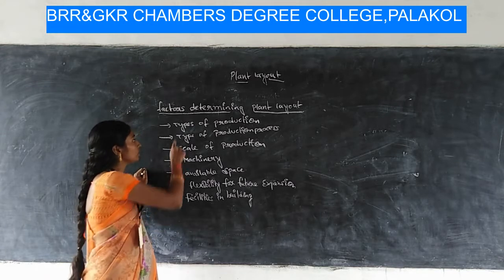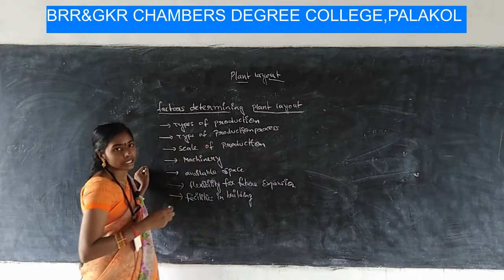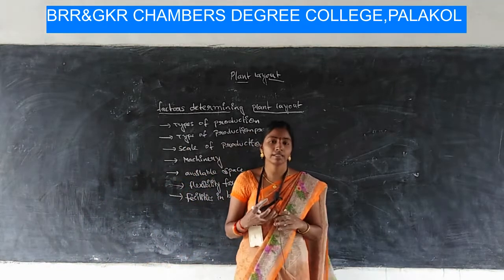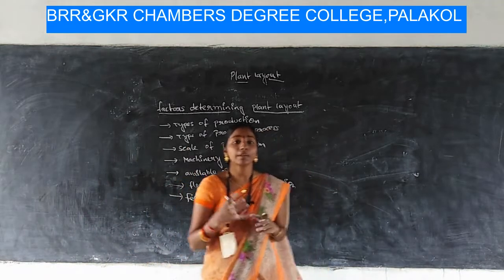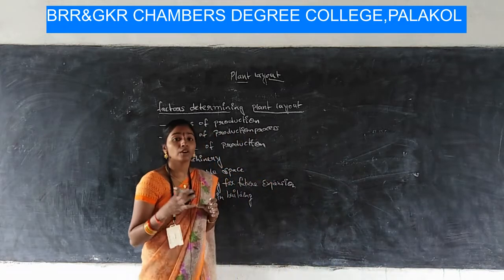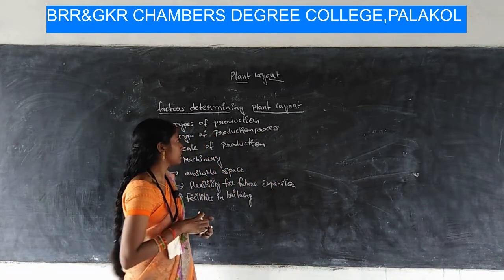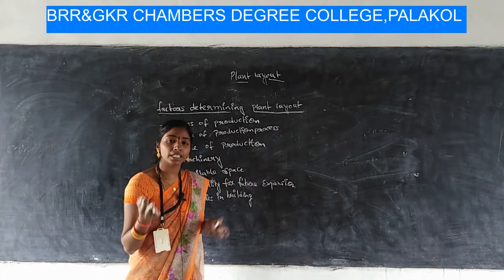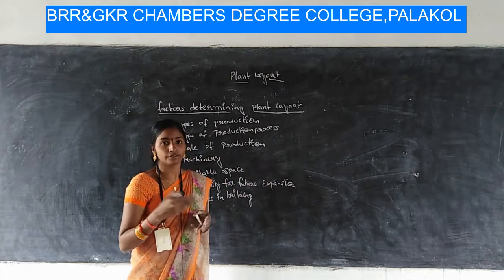Okay, first one is types of production. We are producing goods or providing services. Depending upon the types of production, the plant layout is to be taken by the organization. For example, the plant layout design is different from an engineering firm to a food processing firm.